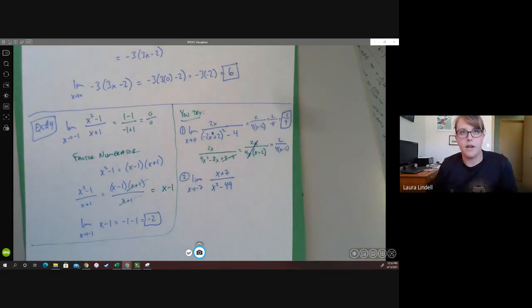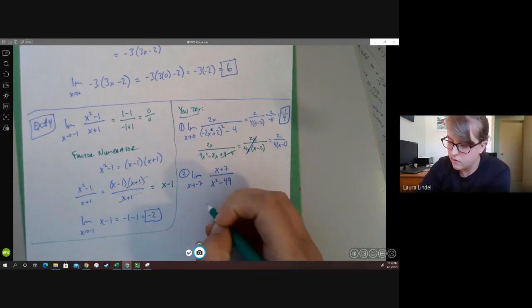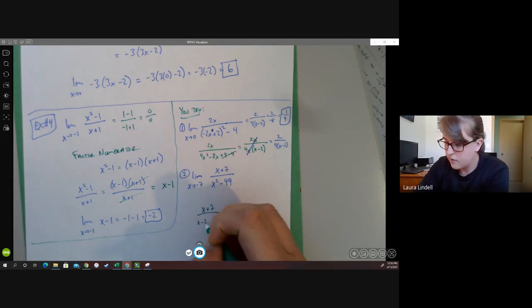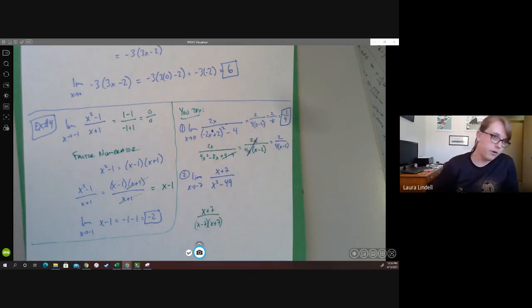Number 1, if you got -1/4, you are correct. On the second one, you're on the right track if you factored the bottom into x minus 7 times x plus 7.